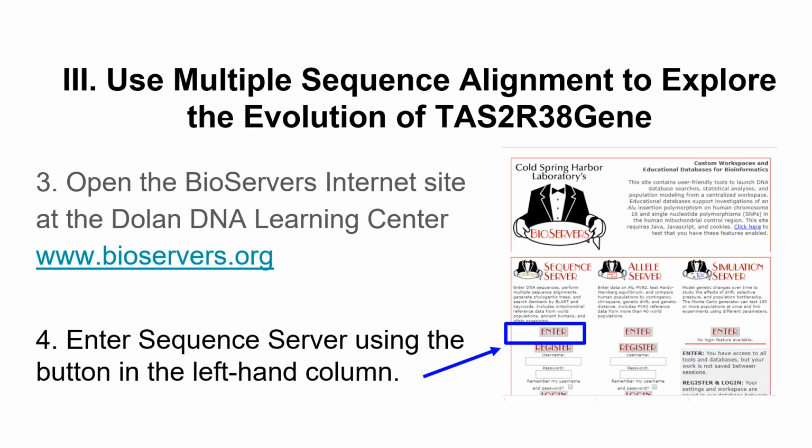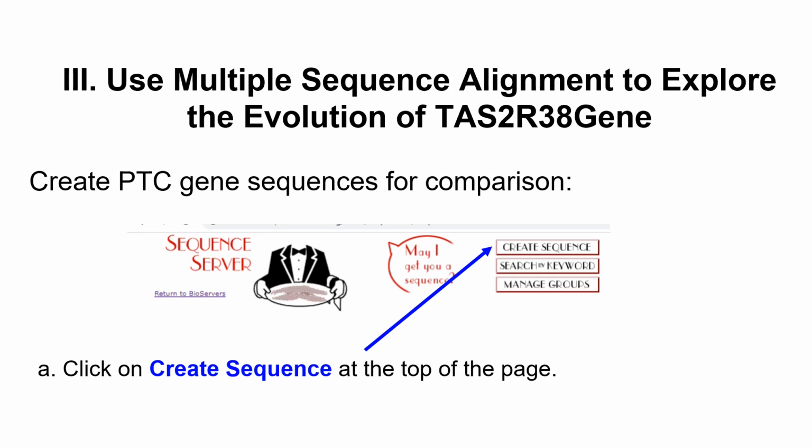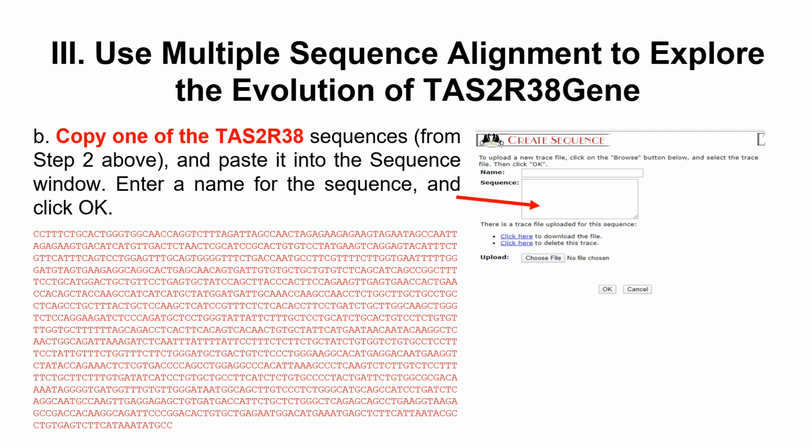Now for the second part of the lab, I'm going to show you how to compare different DNA sequences, and you have to go to this link. Later, you have to create a sequence. Then you copy that sequence and you give it a name. You can give the name here if you want.